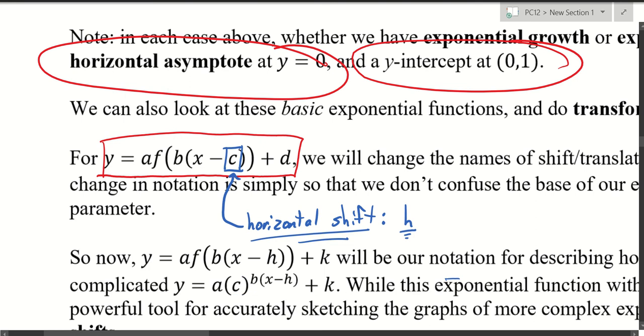And just for a little bit of symmetry, we are going to also change the name of our vertical shifting parameter. For vertical shifts, we are simply going to call them k, because I don't know. I actually don't know why we typically call it k, but c and d are common names for horizontal and vertical shifts, and h and k are also common names that we give to horizontal and vertical shifts.